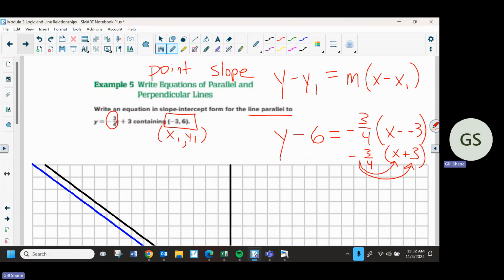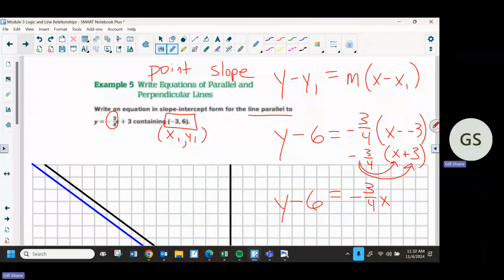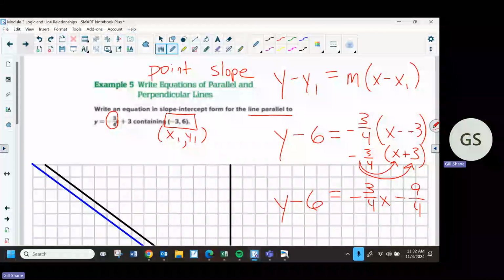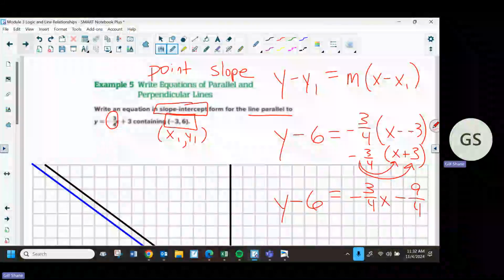So I still have y subtract 6 over here equals negative 3/4 x, which we needed because we know it needs to be parallel, so we need to have the same slope, which we do. And then in your calculator, if you do this, or if you just know how to do it, it's subtract 9/4. So the last step is if I want to get it into slope-intercept form, I just need to get y all by itself.